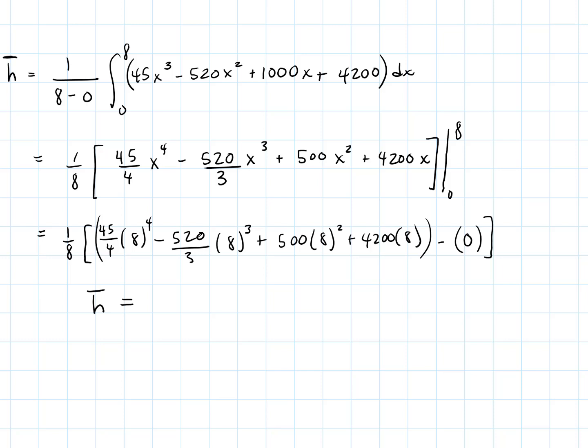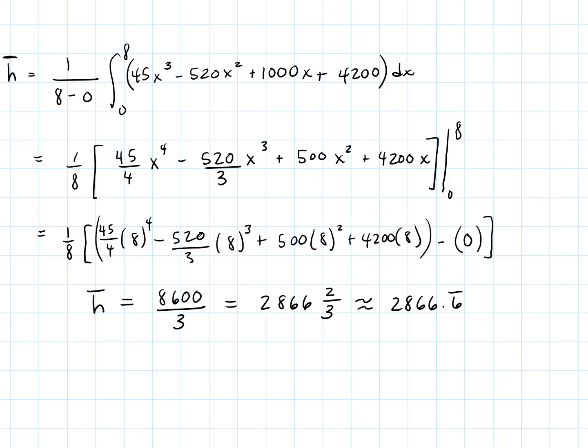And h bar is then going to be equal to, when I plug that into the calculator, and hopefully you're okay if I just give us the answer here, 8,600 over 3, which is equal to 2,866 and 2/3, or 0.6 repeating.